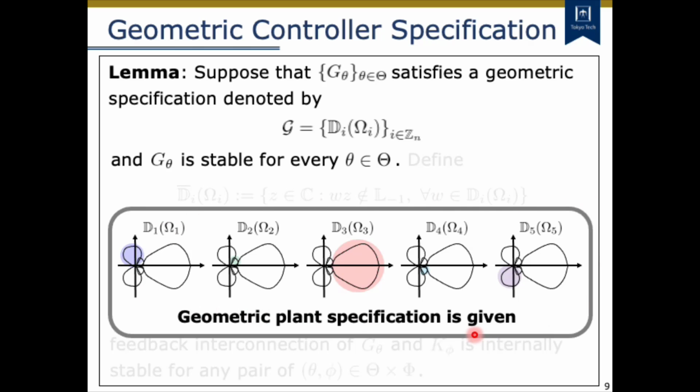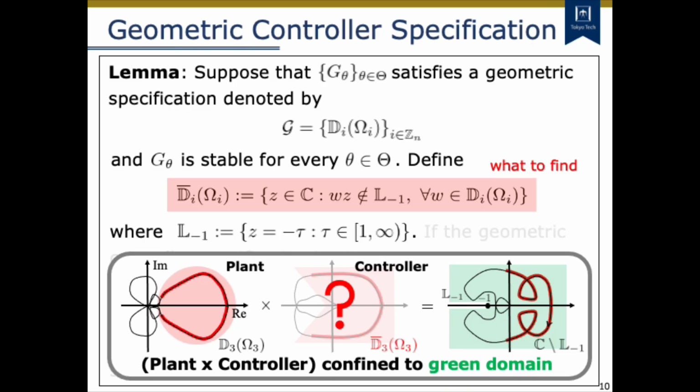Please remember that the geometric plant specification is the set of domains Di associated with the frequency range omega i. Then, in the second part, we define the domain Di bar here such that the domain Di times Di bar is equal to the green domain here.